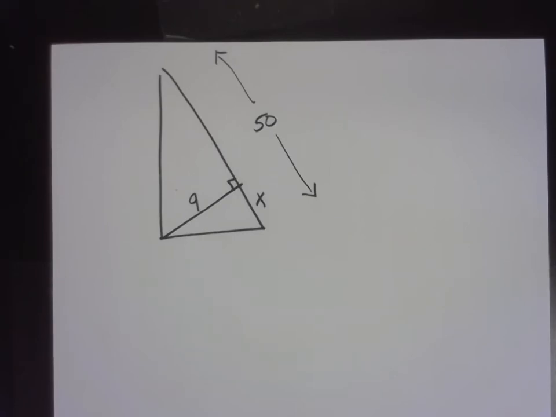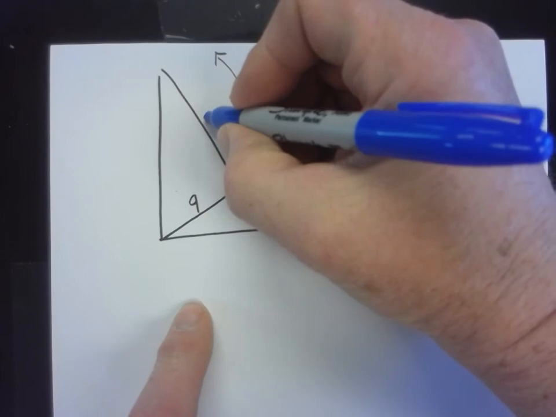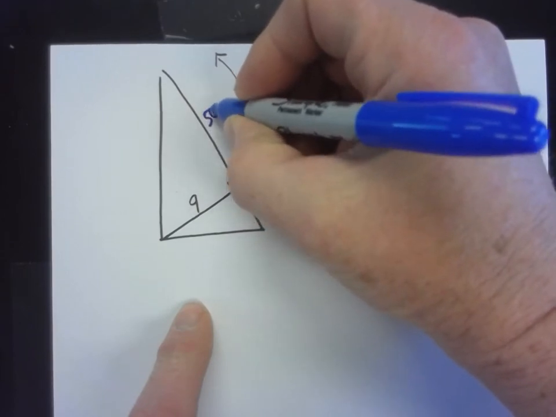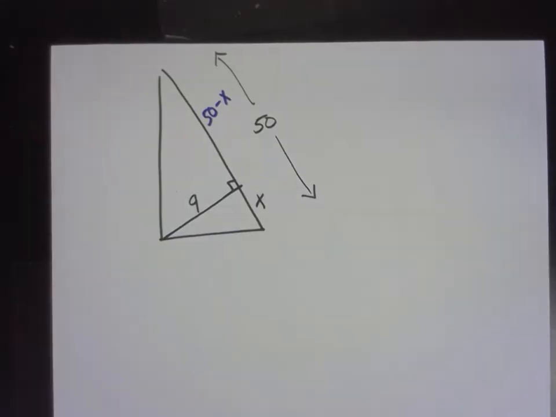Did you see a difficulty and solve it? No? You didn't see? I see a major difficulty. See, because 9 is the geometric mean of what? X is 50 subtracted. Oh, so you didn't think that was a difficulty. You just said this is 50 subtract x, and so 9 is the geometric mean of x and 50 subtract x.